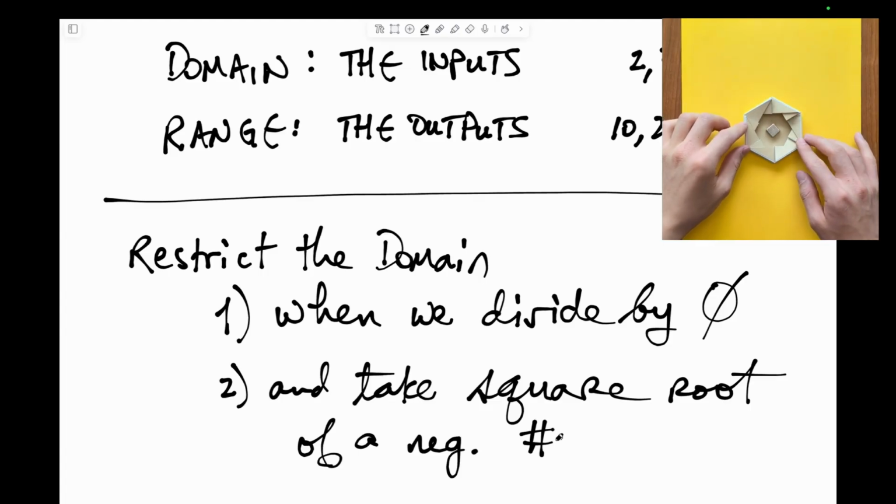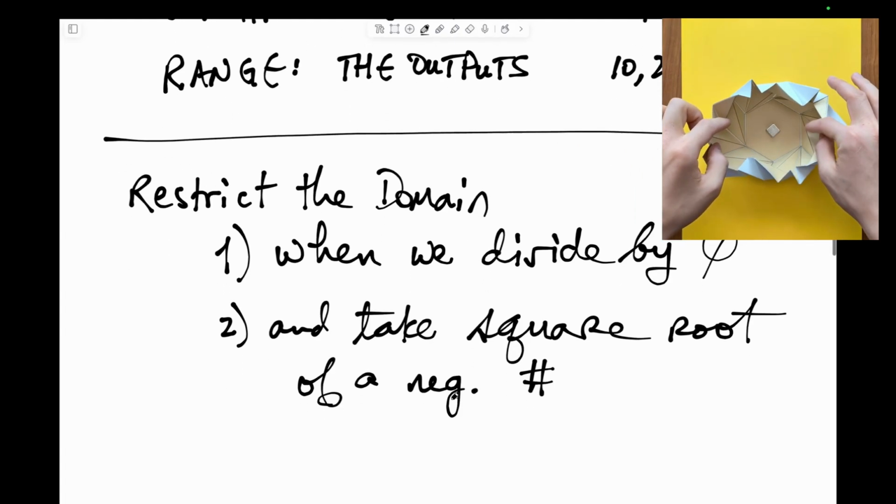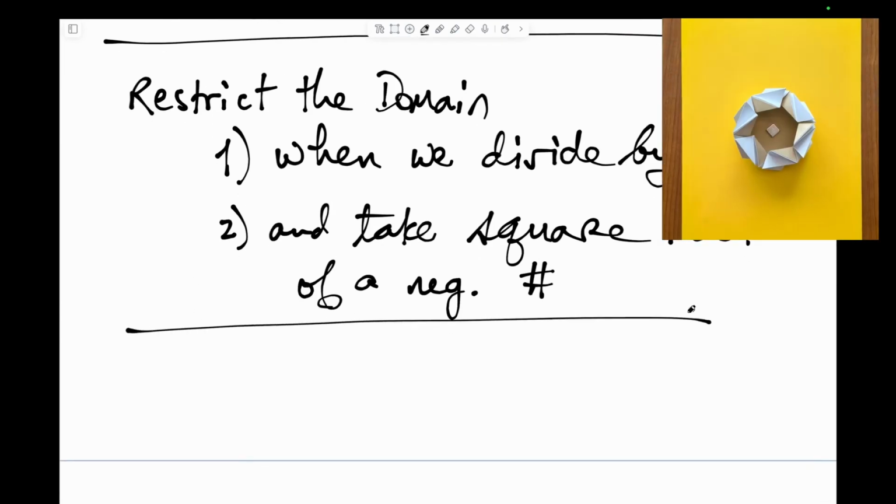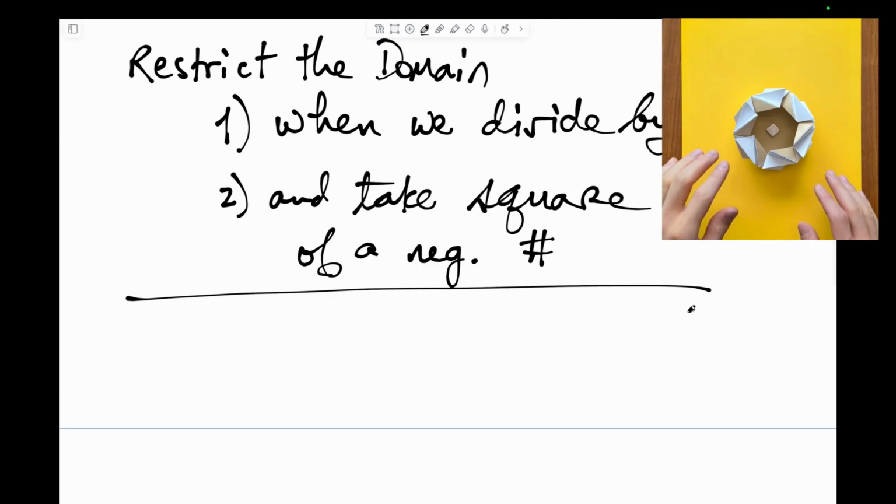We will restrict the domain when we divide by 0, or we take the square root of a negative number. We can see an example of this.